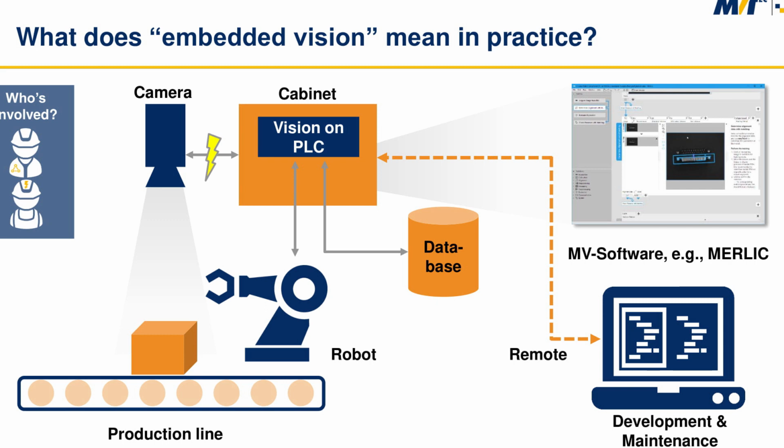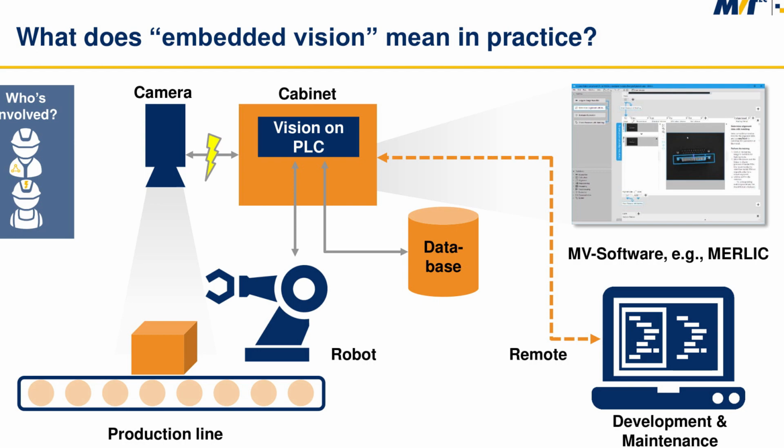And it also reduces the persons who are involved, because in this case you do not need the vision specialist anymore, so easy applications the PLC programmer could achieve by himself. So this is another approach for embedded vision, not only on a smart camera.